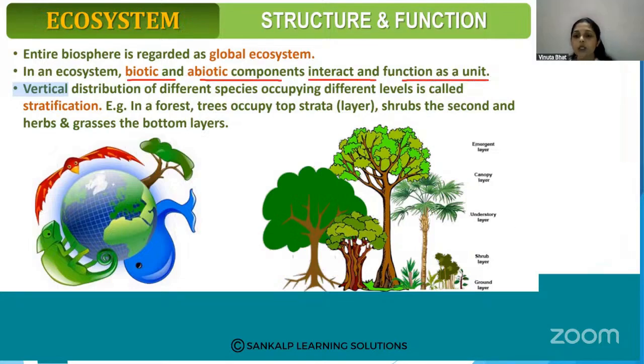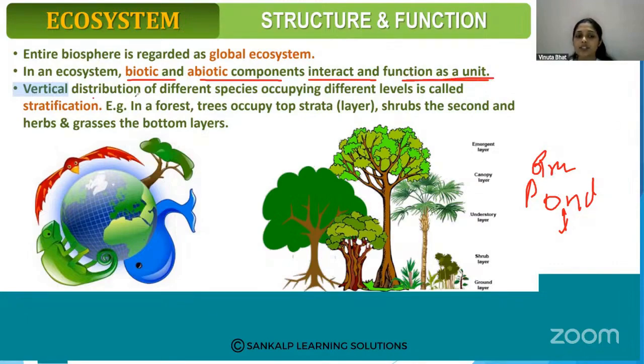So in a particular ecosystem, for example, in a grassland or in a pond ecosystem, there is an interaction between biotic and abiotic. For example, these biotic organisms like fishes, zooplanktons, take the abiotic contents like sunlight and oxygen. So they interact with the abiotic factors also, and function as a unit.